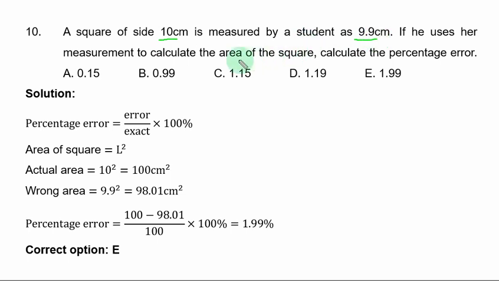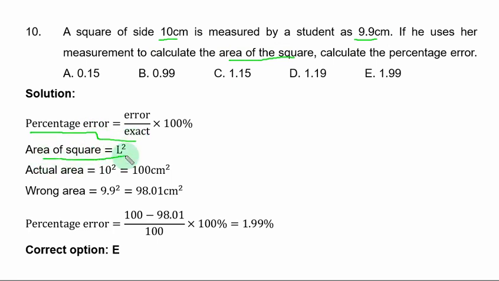Now note area of the square. That means you need to get the actual area and the wrong area. Then the error is the difference over the actual area times 100%. This is the formula for percentage error.